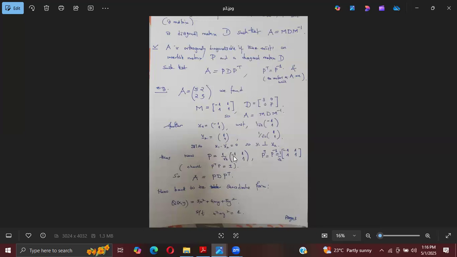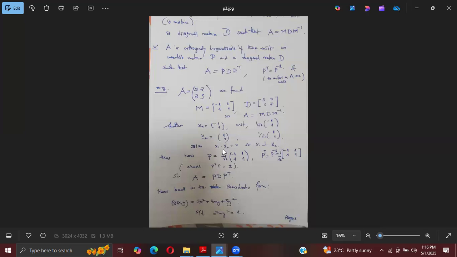Row 1 is minus 1, 1, so it becomes column 1, which is minus 1, 1. It's the same matrix. So P transpose turns out to be the same matrix anyway, in this particular case.